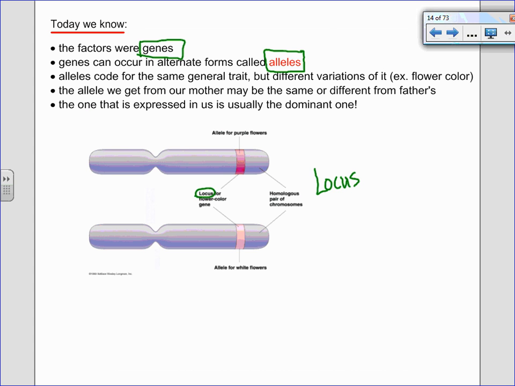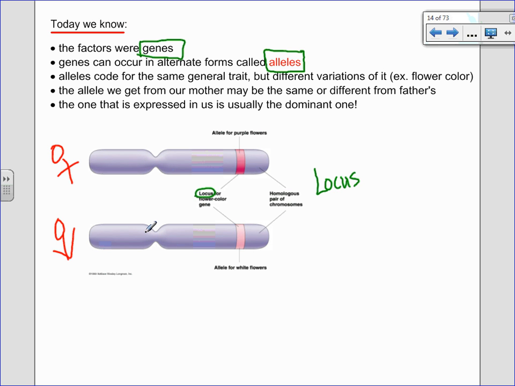Today we know that the factors he spoke of, or units, were really genes. And genes can occur in alternate forms called alleles. So, for instance, this is showing the mother and father. Let's say this is the female, or from the ovule, and this is from the pollen.